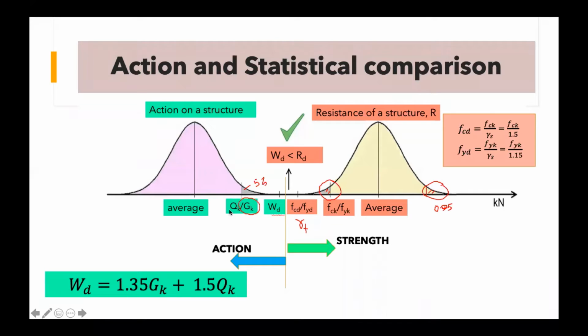And also QK. For example, QK is from people. What is the weight of people per meter square? We get a lot of samples, so we can get this probability curve, and 95% of them we take as QK. For the strength we take the 5%, but for the load it is 95%. It is the opposite of the strength.